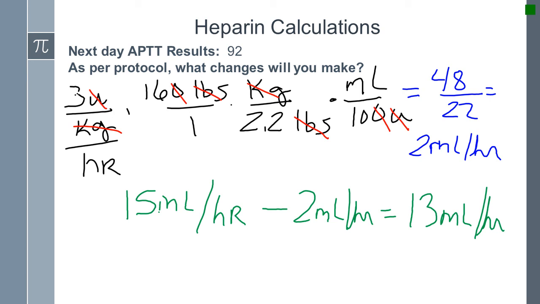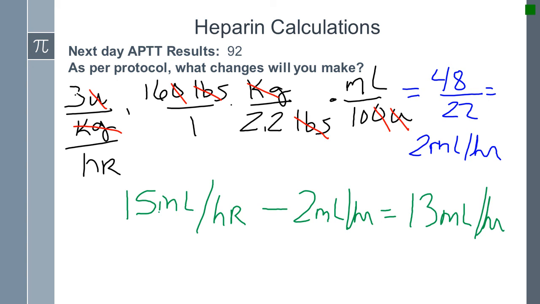Our 0 up, 0 down. Now we just have to do our math. So 3 times 16 is going to give us 48. And then on the bottom, we have 2.2 times 10, which is our 22. So 48 divided by 22 gives us 2.181818.